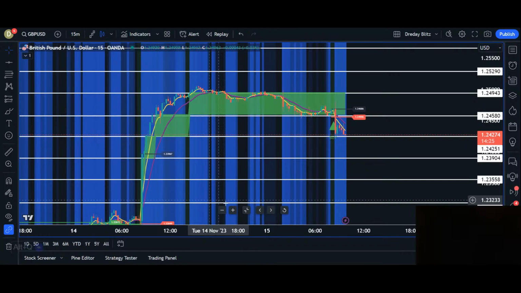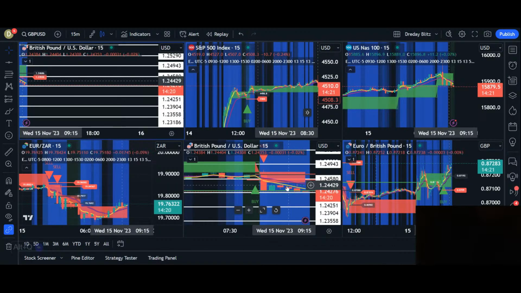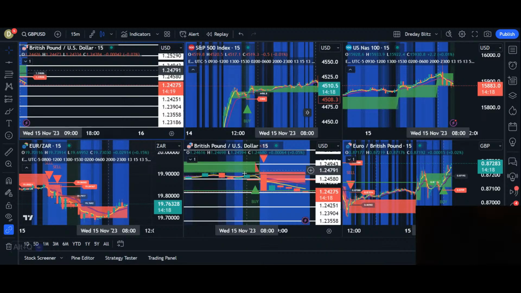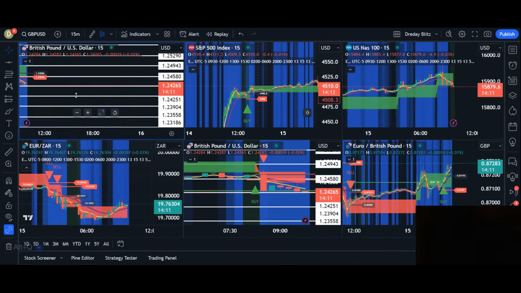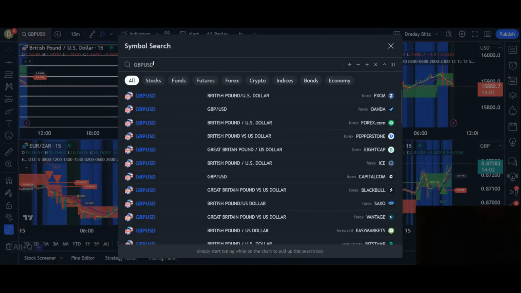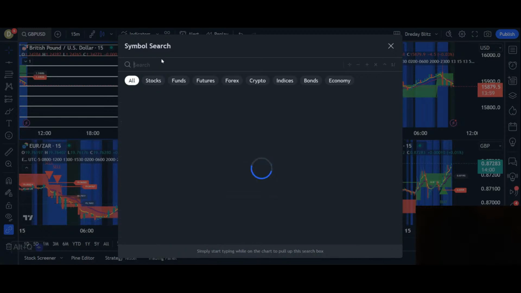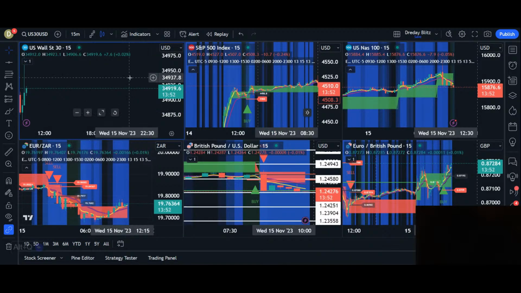So let's zoom out. Oh, that was GU. I was on GU, sorry about that. So I'm just going to switch it. That was a GU trade from yesterday. I'm just going to look at the US 30, that's what I was looking for.